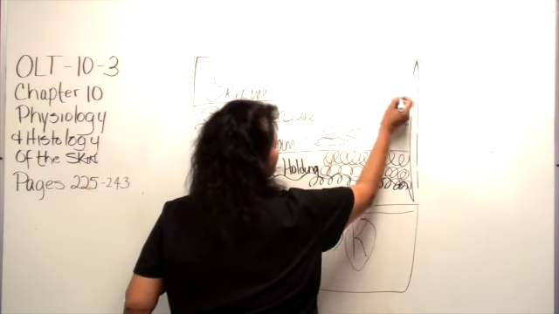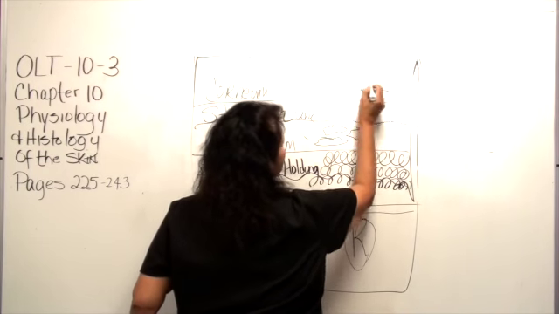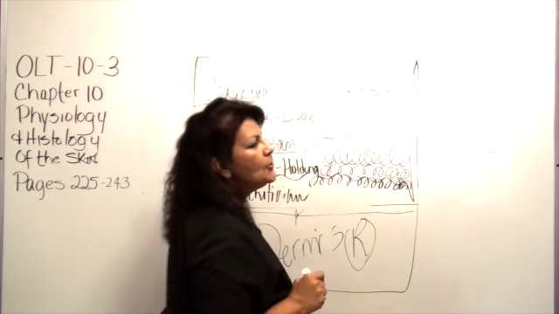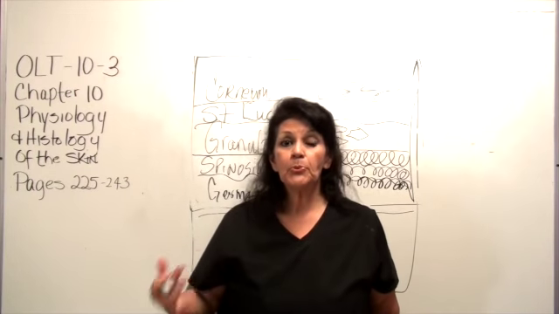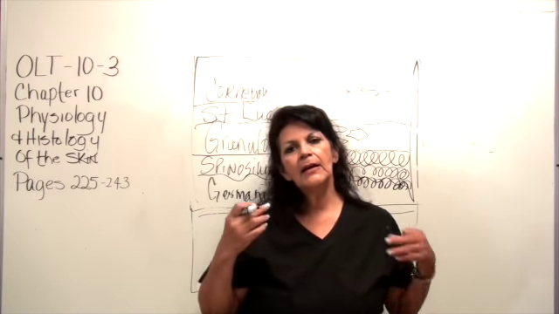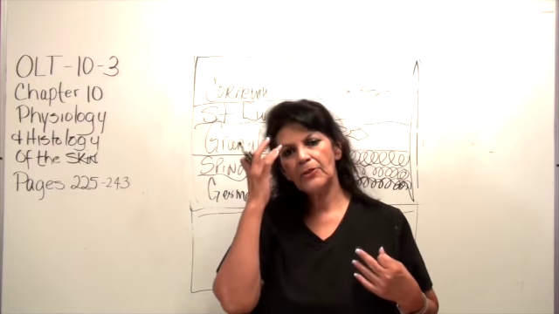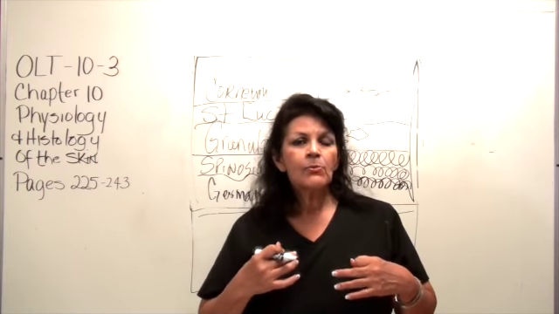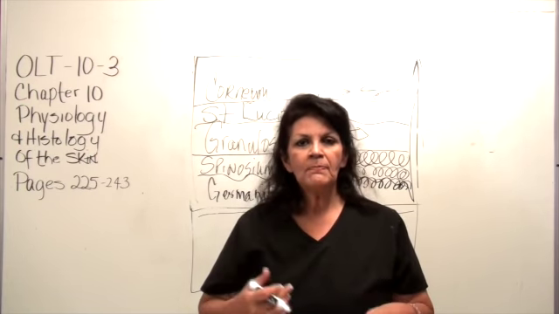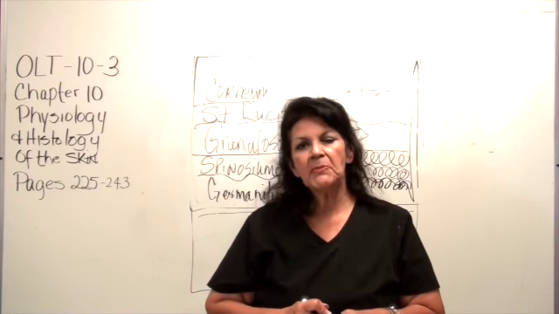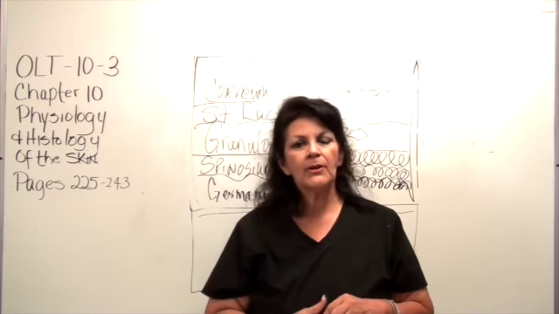The skin cell here is a little bit flatter, and you can see it lays like bricks. And they're held together by a mortar, which is like a glue, called desmosomes. Remember, we talked about those just a little bit earlier.